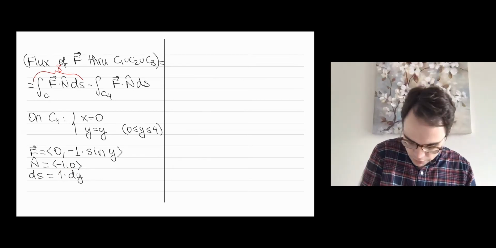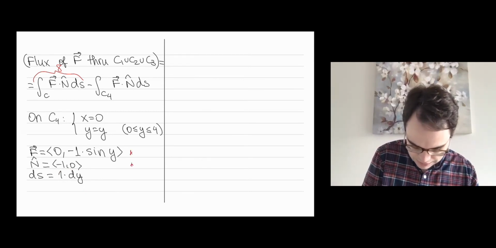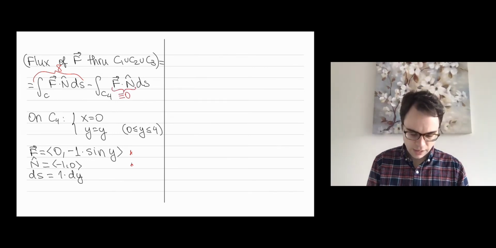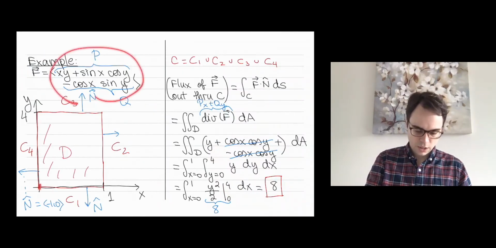But we in fact don't really need this ds, because no matter what ds was, you can see from the first 2 stars that this dot product is always 0. The vector field f on the side C4 is always pointing up or down.